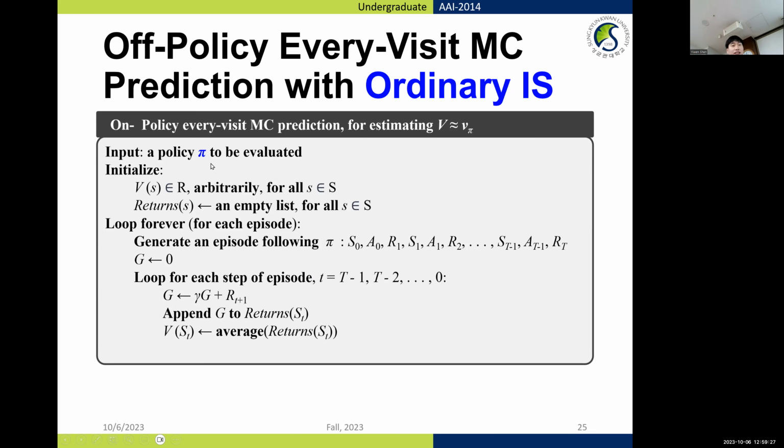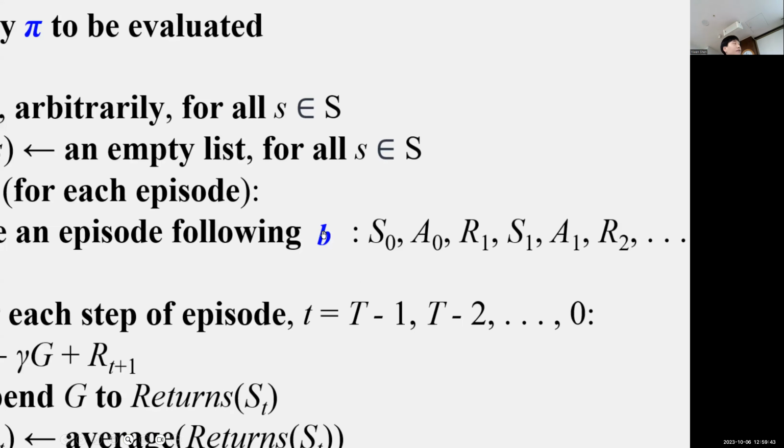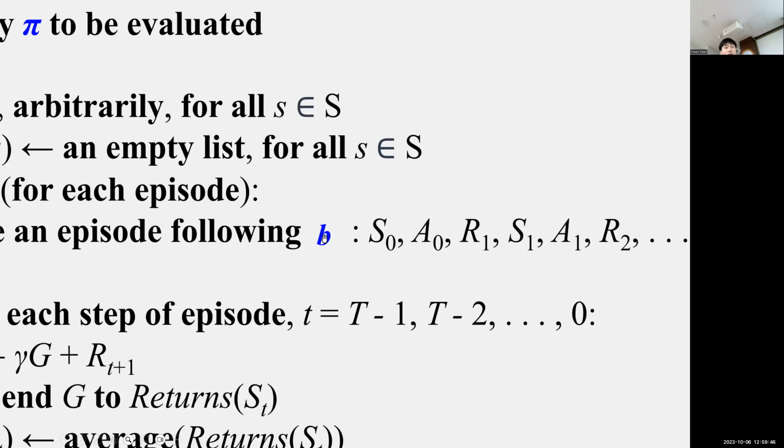The difference is that there is a policy pi here that we need to evaluate. The other processes are the same. Instead of generating an episode following pi, we generate the episode following policy B. Even though B is a different policy, its distribution is known, meaning the probability of each action for a particular state is known.